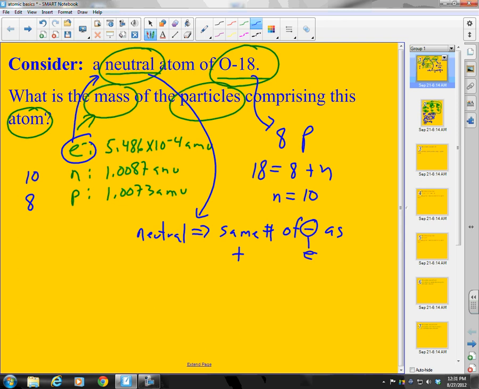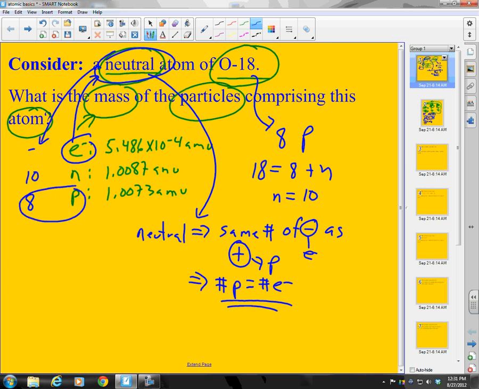What is positive in my atom? Well, protons. So if it's neutral, that means I have the same number of protons as electrons. Anything that's neutral, when I have a neutral atom, the number of protons equals the number of electrons. This is neutral. So what does that mean? I have 8 protons, that means I have 8 electrons.